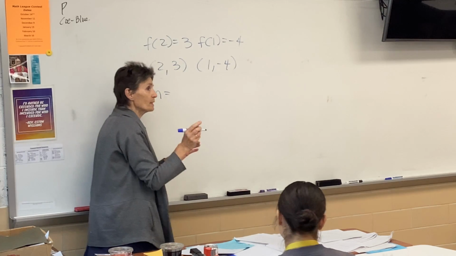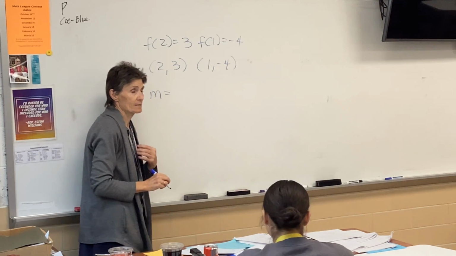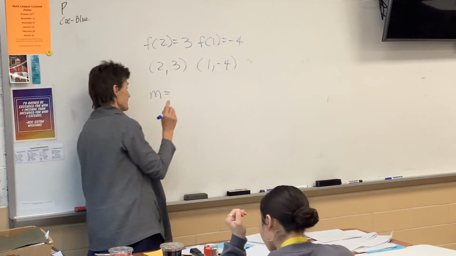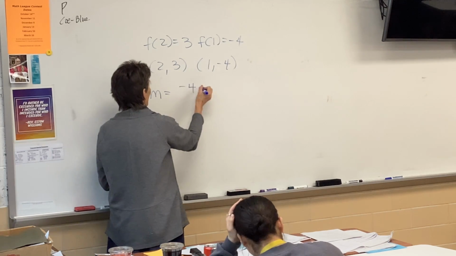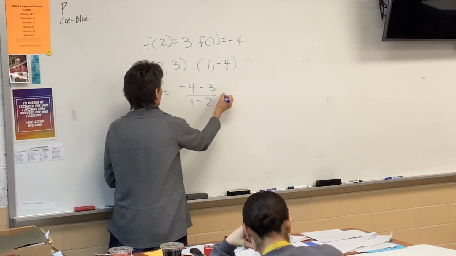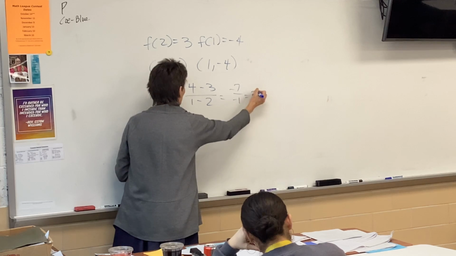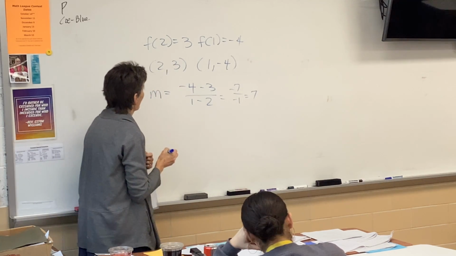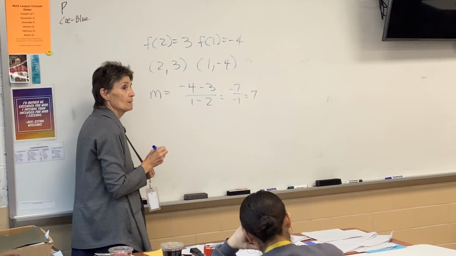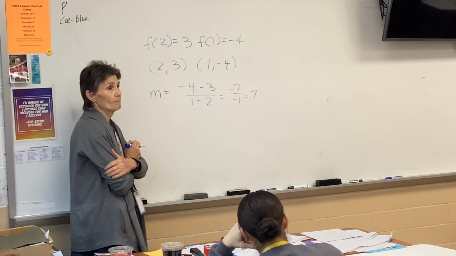We only do slope with lines. This is linear, it tells me in the problem. So it looks like my slope is 7. So then what happens?